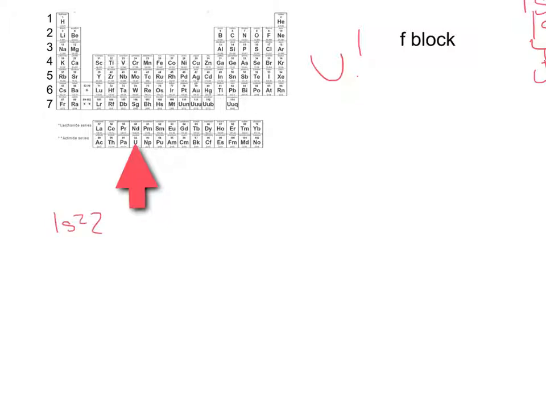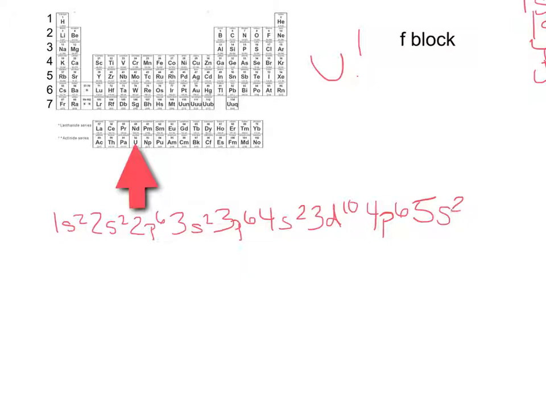1s2, 2s2, 2p6. See how small I'm writing? 3s2, 3p6, 4s2, 3d10, 4p6, 5s2, 4d10, 5p6, 6s2.